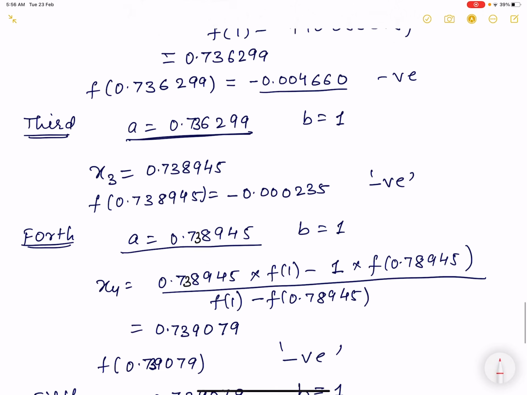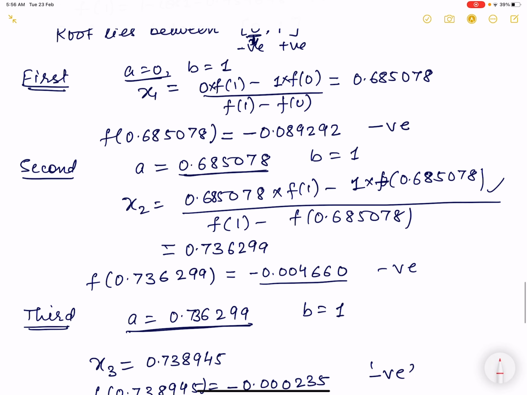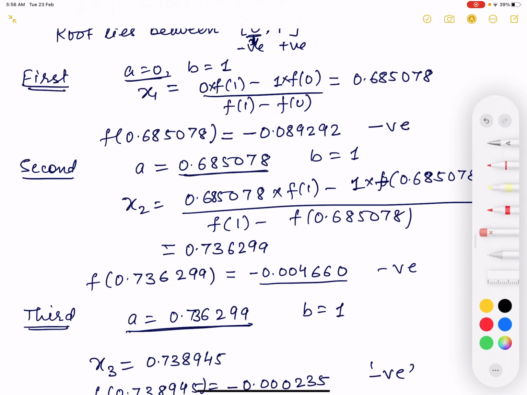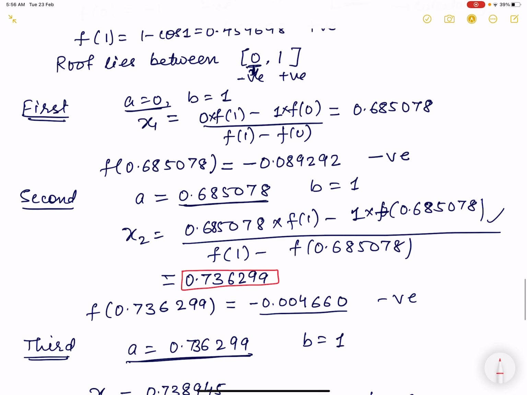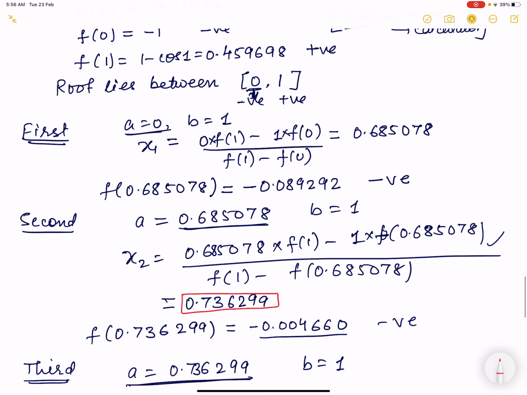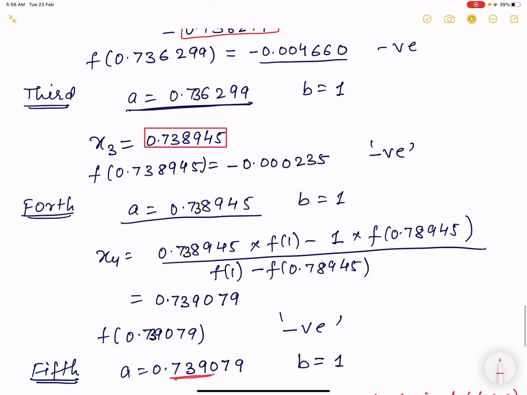So students, when we check for the answer, x2 is coming out to be 0.736299. Earlier it came out to be 0.685078, then 0.736299, and then it is coming out to be 0.738945.